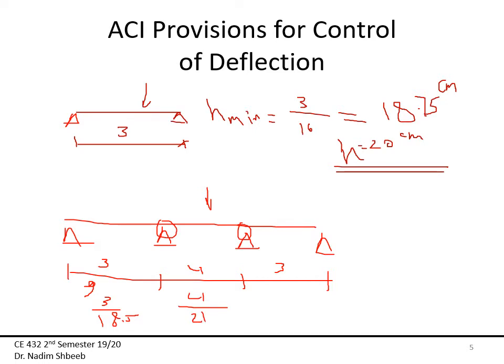Again, now this is one end continuous, and then this is also going to be 3 over 18 and a half, right? So for this one, this is going to be 16.2 centimeters. This one, 4 over 21, is going to be 19. So H minimum, according to that, is going to be 19.